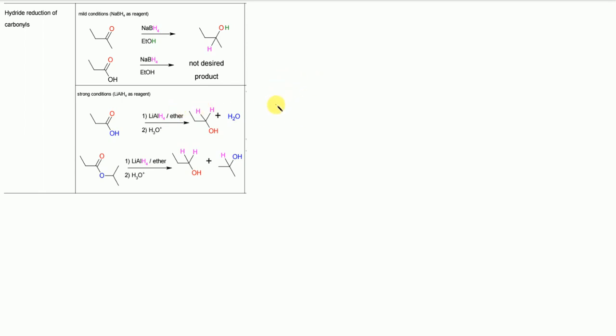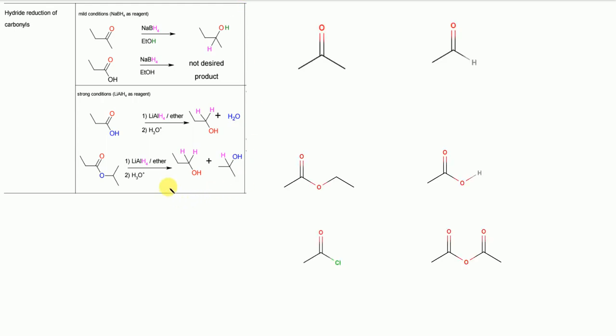So let me make a nice clean molecule. All right, so now I've made quite a few sample molecules, and these are all just different carbonyl structures that you'll start seeing a bit more throughout Orgo 1, and a lot of these we'll see a lot more in Orgo 2. So there's certain rules when it comes to how we can reduce these carbonyls, or attack them. So when I'm using NaBH4 and EtOH, what you need to know is that it's not a very strong nucleophile.